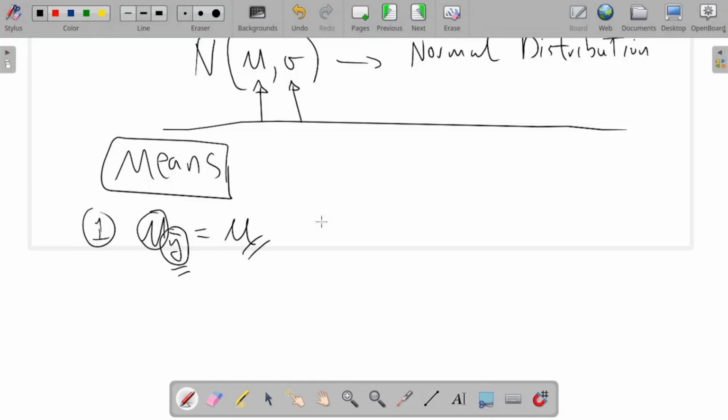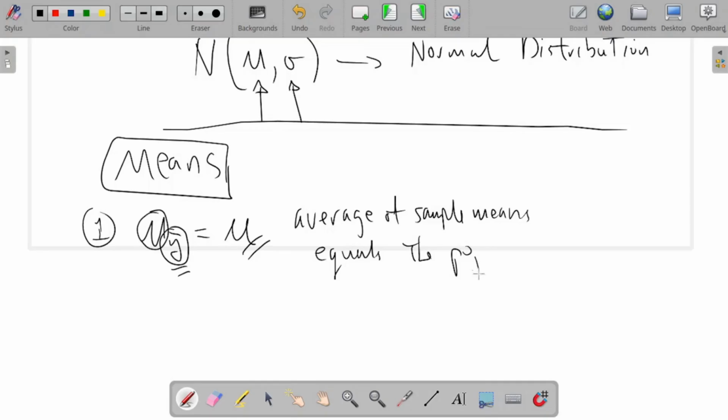So let's write that out. I'm tempted to say the mean of the means, but you'd probably be justified in throwing something at me. So the average of sample means equals the population mean. And even that's too wordy for my preference.